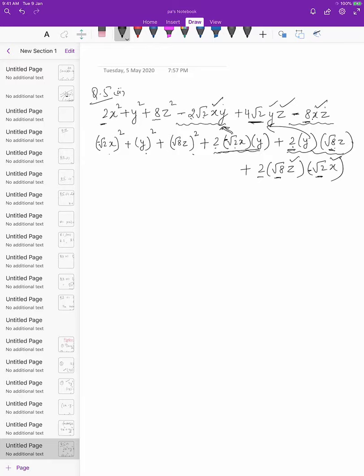So what is our A in this case? A would be minus root 2x, B will be y, and C would be root 8z. If you want, you can write root 8 in the simplified form as 2 root 2 z. So the factorization will be this: (A plus B plus C) whole square. Alright.